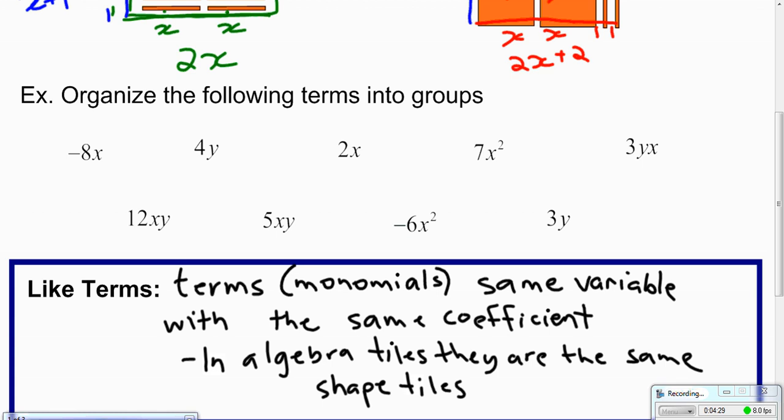So that being said, if I said negative 8x, something that would be a like term would be 2x, because they both have an x to the power of 1. And that's the only one.